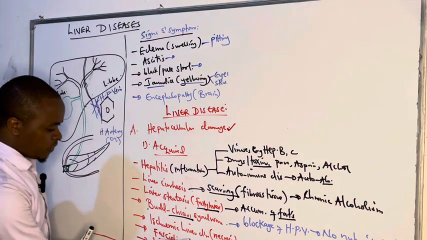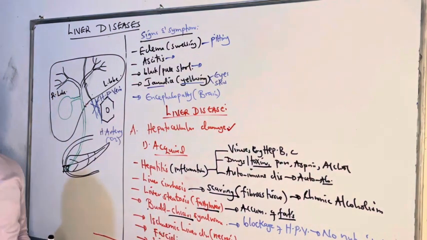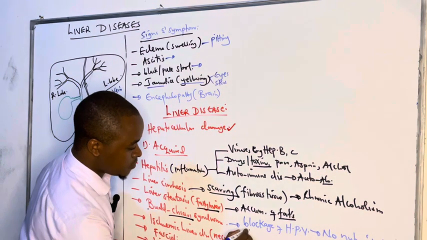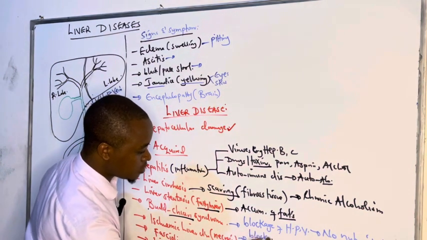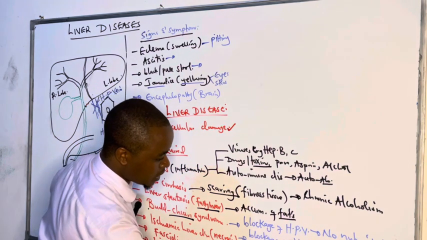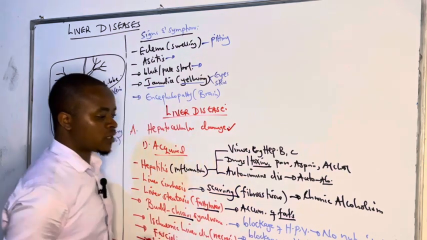Then another condition we can see is ischemic liver disease, or what we call liver necrosis. Liver necrosis is due to blockage of the hepatic artery. This hepatic artery supplies oxygen to liver cells.